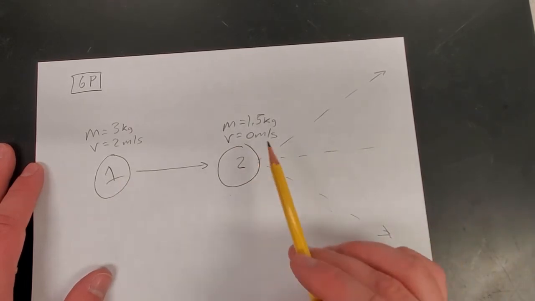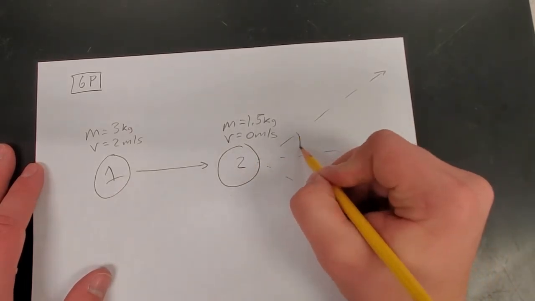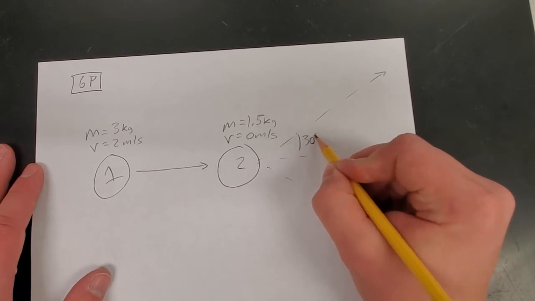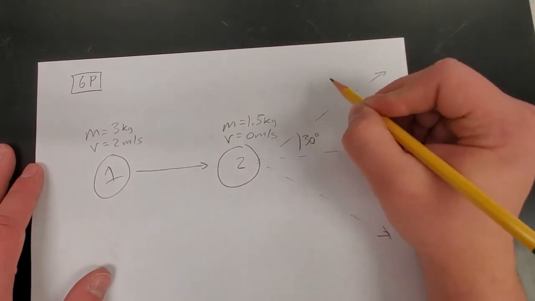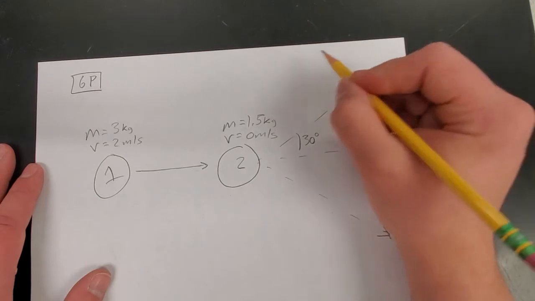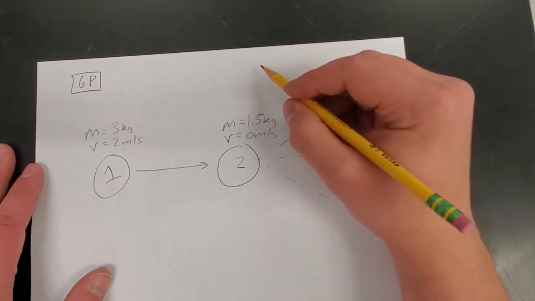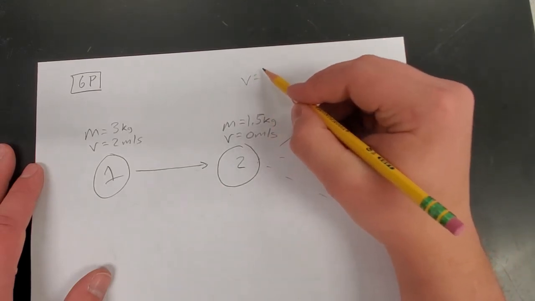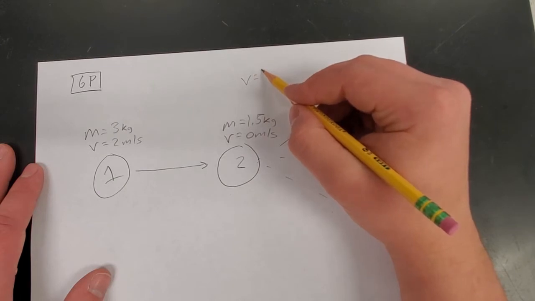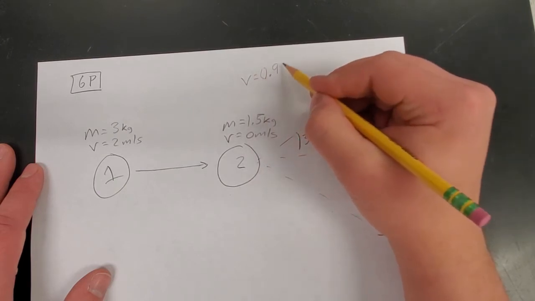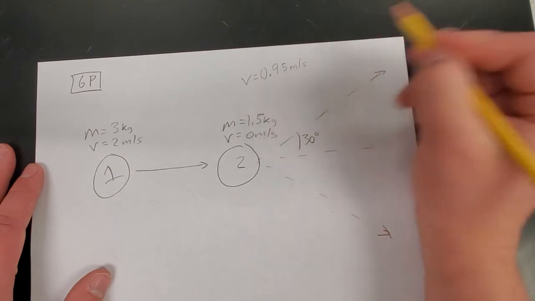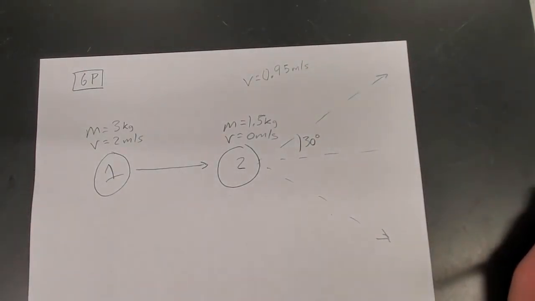We'll say ball 2 flies off at an angle of 30 degrees, and it has a velocity of, we'll call it, 0.95 meters per second. So it flies off at 30 degrees with a velocity equal to 0.95.